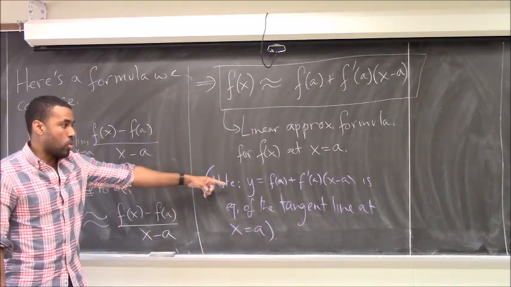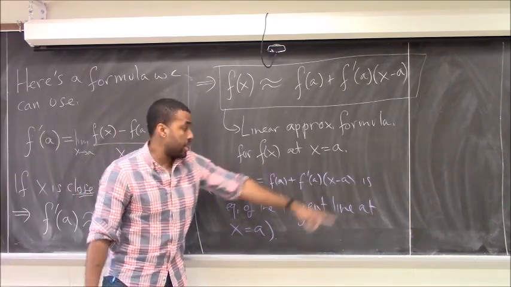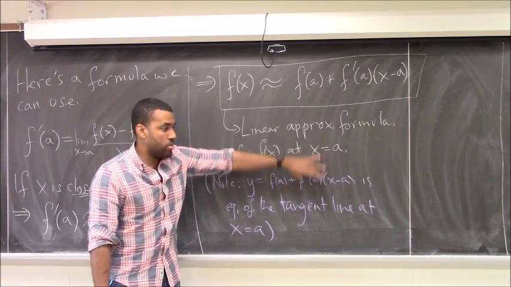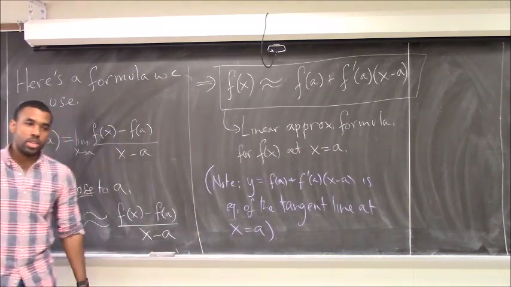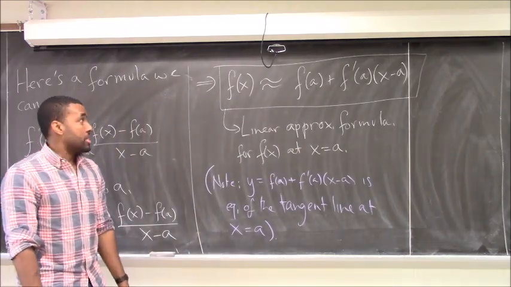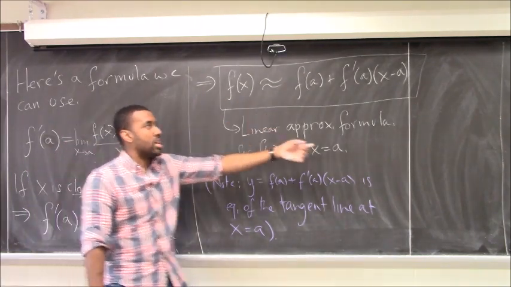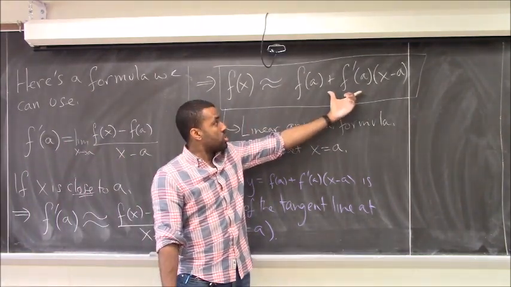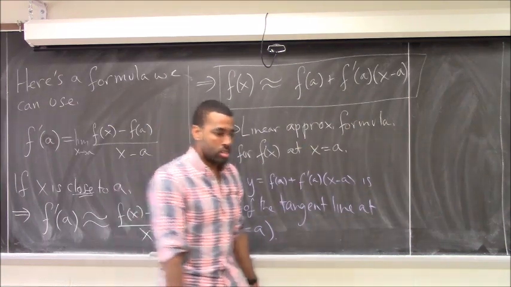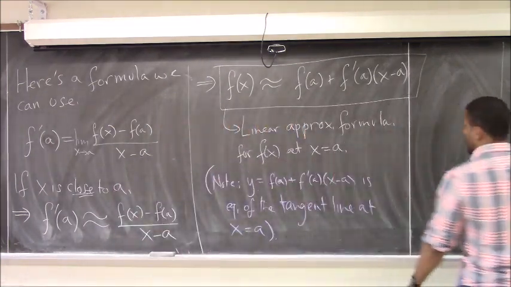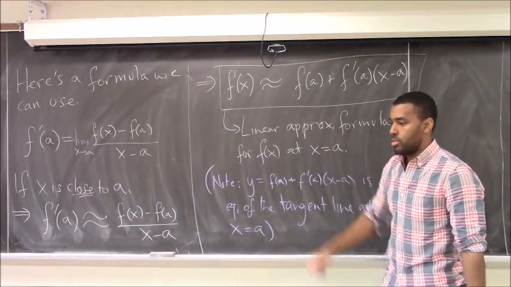Take y minus y1 equals m times x minus x1. The m is given by the derivative, and that would be the equation of the tangent line. So we're essentially saying our function gives us almost the same output values as the tangent line does. And so we can actually use the tangent line as an approximation for the function.